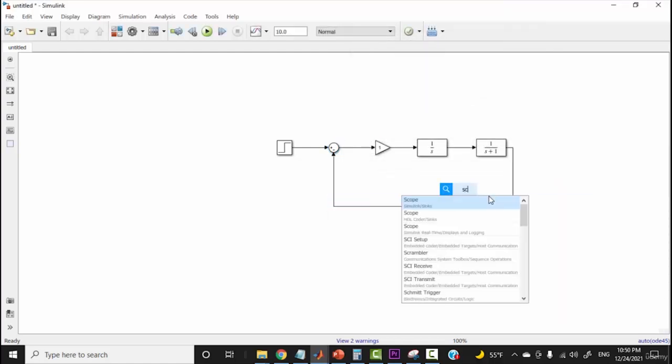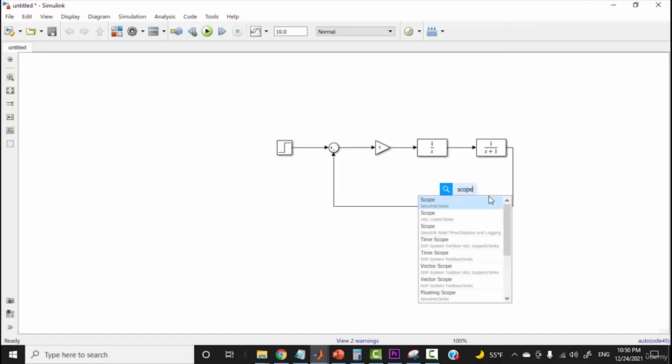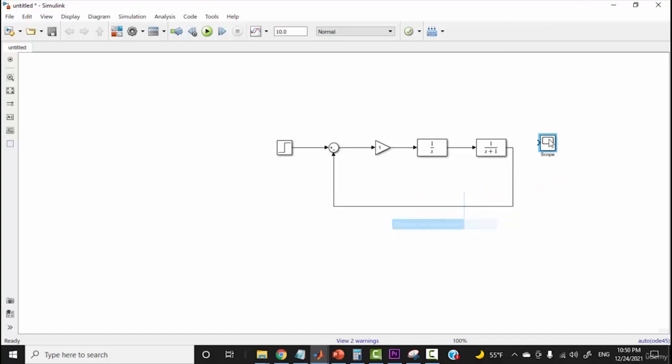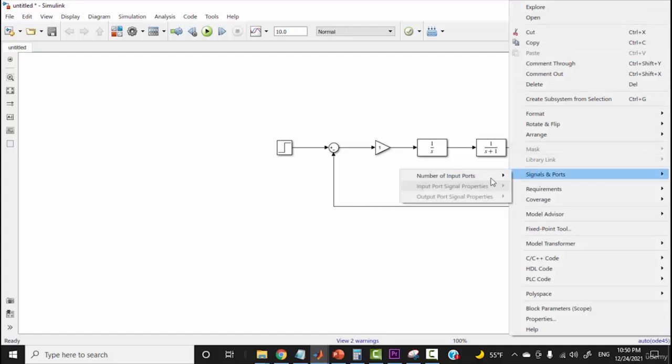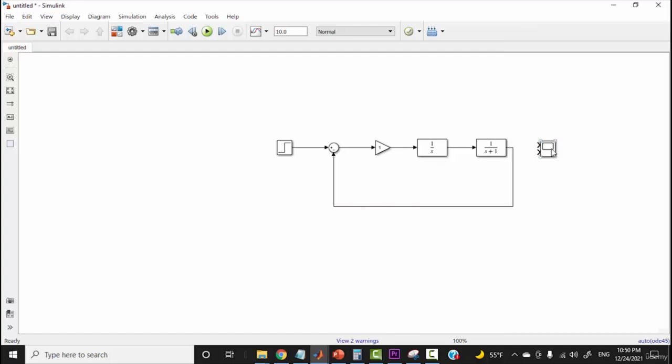Then we need oscilloscope. We make it with 2 parts to connect the input and the output. Okay, so after connecting all the blocks in our project, let's start simulating the project.